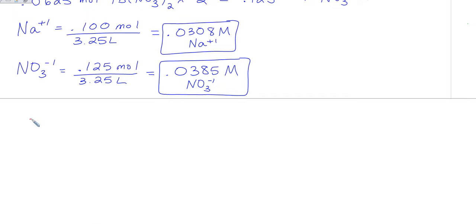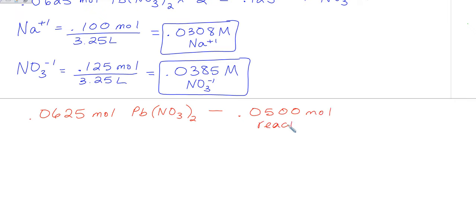I had 0.0625 moles of that lead nitrate, but I'm only going to react 0.05 moles of it. So this is what gets reacted.